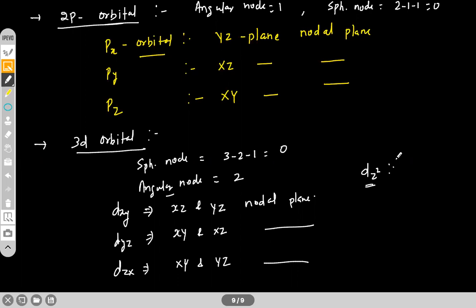Okay. Now you see this question here. For hydrogen atom, write down: for hydrogen atom, the wave function is given.